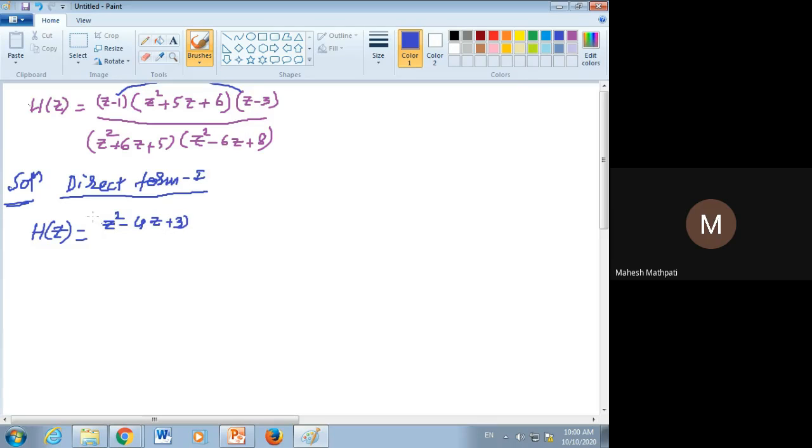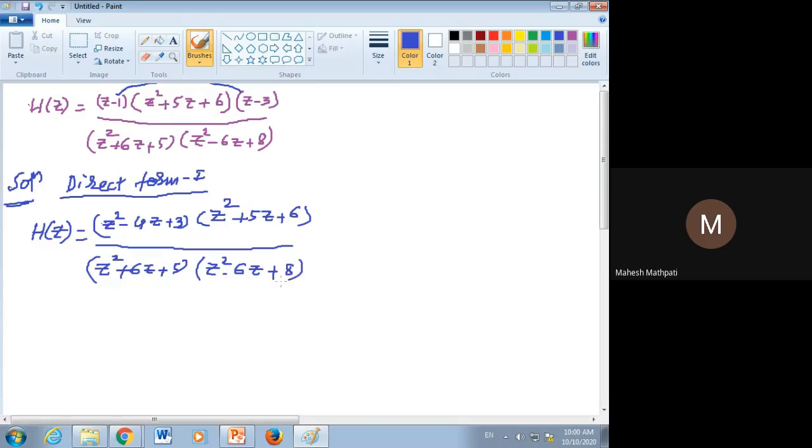First just multiply in the small brackets, but then write it like this. So (z² + 5z + 6) divided by, again (z² + 6z + 5) into (z² − 6z + 8). Okay. Now if you still multiply this, multiply both of these and tell me the answer.